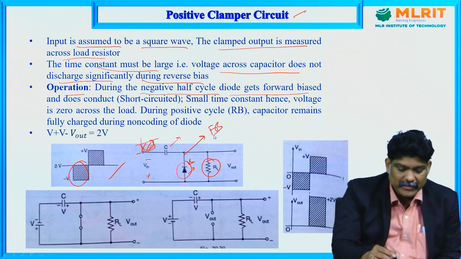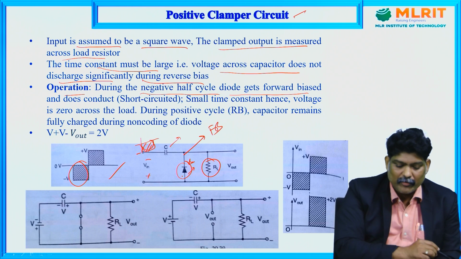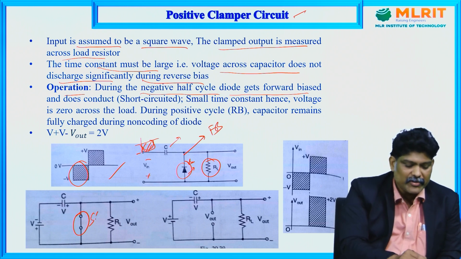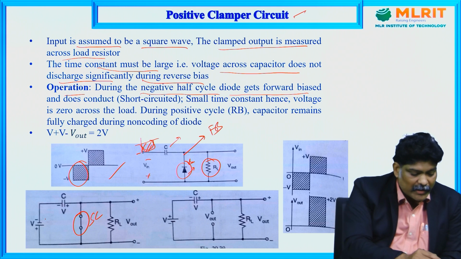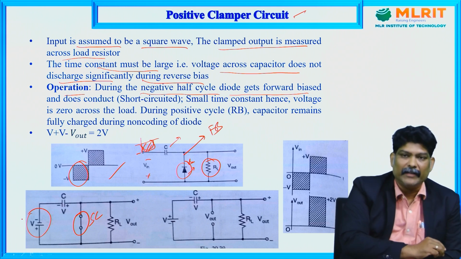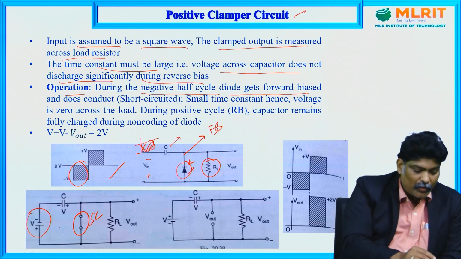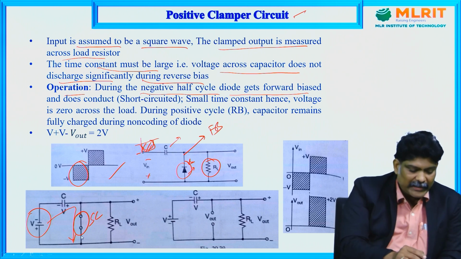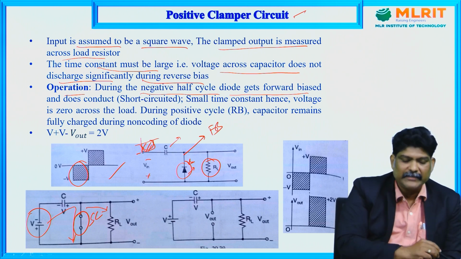So what happens when it is forward bias? Diode is forward bias means it acts like a short circuit. That means whatever input voltage we have applied, the total voltage will pass through the short circuit, that is through the diode. So nothing will appear across the load resistor.